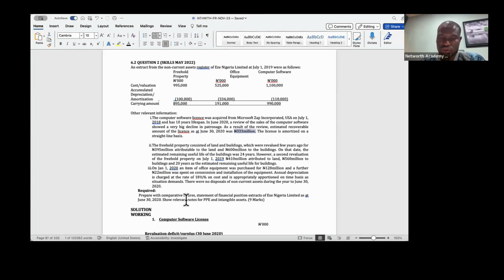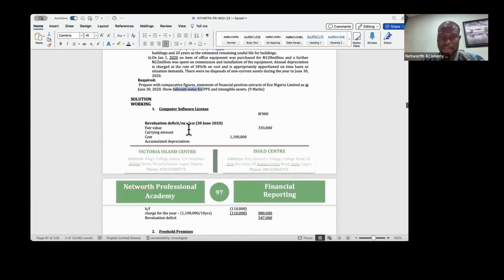But since they want us to do notes also, and I've already taught you that anytime they tell you fair value, or they tell you that they have revalued an asset, I told you last week that in order to make a lot of things easy for yourself, the first thing you need to do is determine a revaluation surplus or deficit, which is what I've done here. The fair value given was 333 million. I compared that with my carrying amount, and my carrying amount is cost minus accumulated amortization, because this is software.